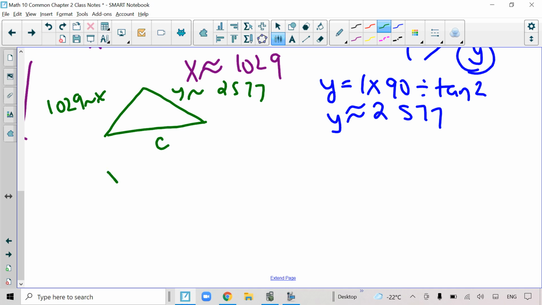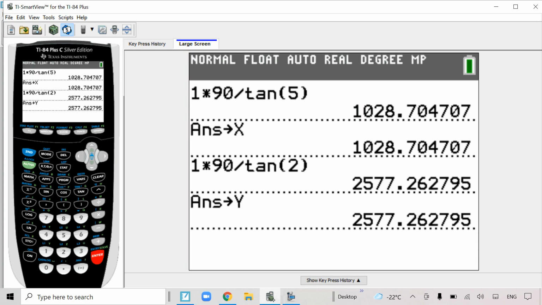So x squared plus y squared will equal c squared. So I'm actually going to go on to my calculator to do this. Now, you already know how to go up and grab the numbers if you have one of those calculators. I'm just going to do it with my alpha parts. So I'm going to pull up alpha store, which is x, and I'm going to square that, plus alpha 1, which is y, squared, and this will give me c squared.